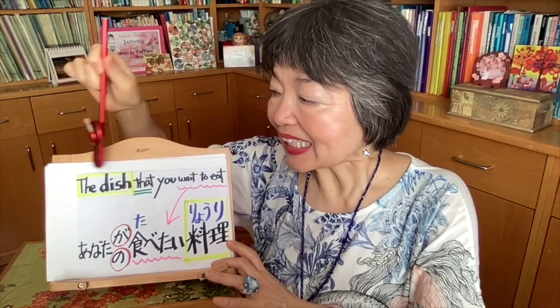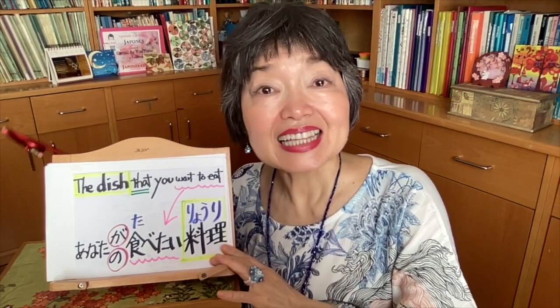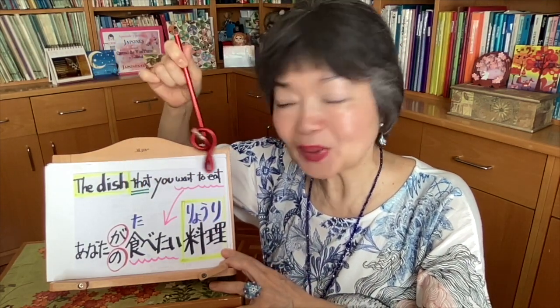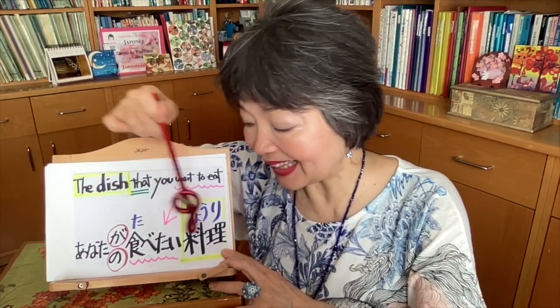And now the dish that you want to eat. The dish that you want to eat. In this case, the word that I want to decorate is the dish. So the dish must be at the end. In Japanese, 料理. And all the words after that are the decorative words, decoration, ornaments. We must put all before the noun.